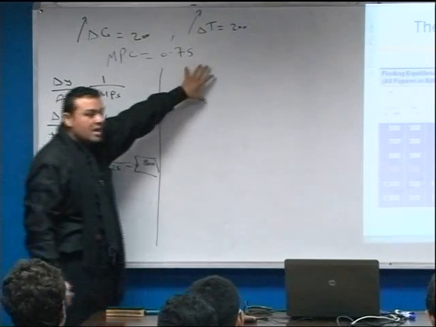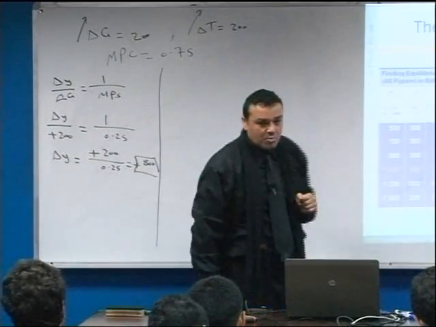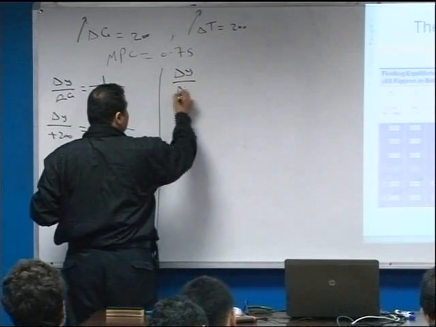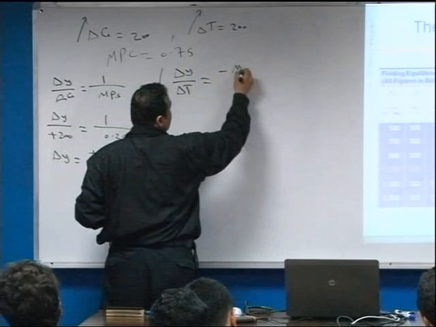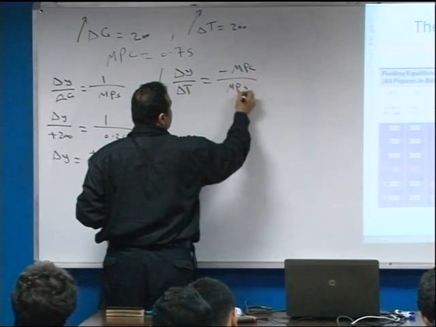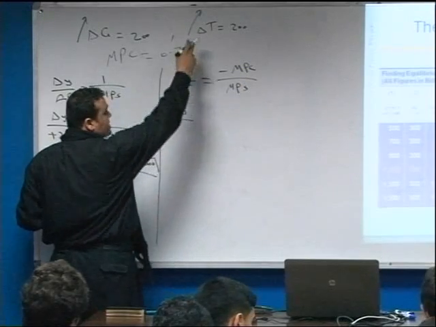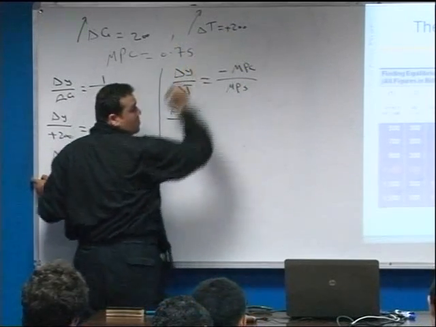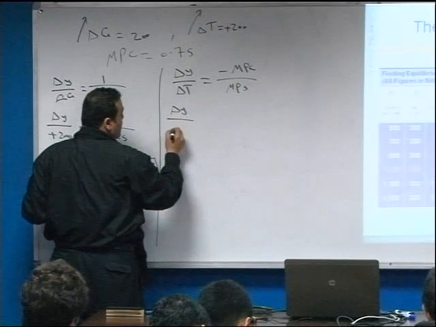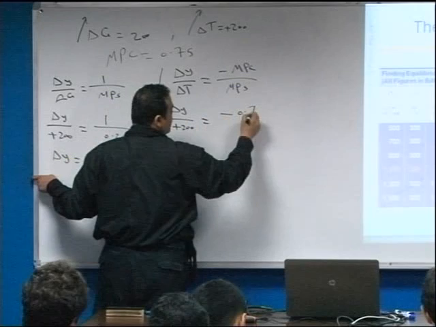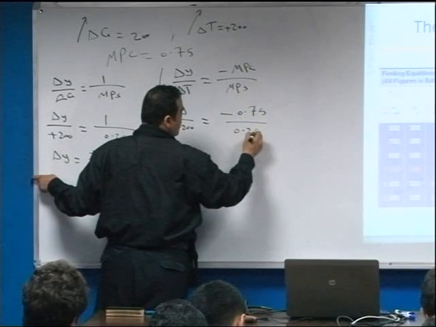Okay, what about the effect of taxes on the aggregate output? This is the question. Delta Y over delta T equals minus MPC over MPS. We have an increase in taxes, so delta T should be positive: delta Y over positive 200 equals minus 0.75 over 0.25.